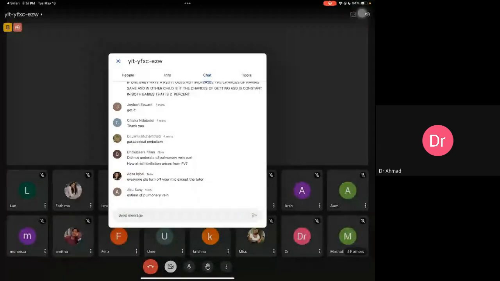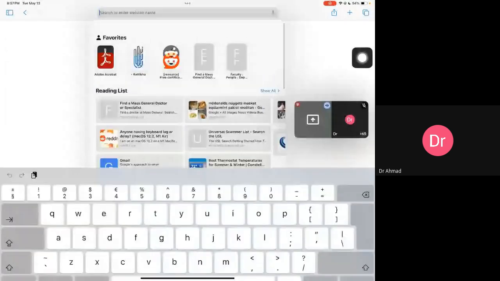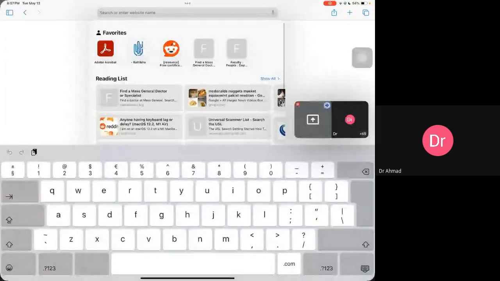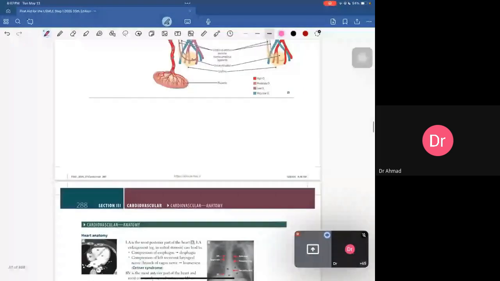Okay, let me tell you one thing. Remember, guys, I'll explain this in the anatomy of the heart. I'll make it easy, and I will combine those two things. If this is the left atrium, there are some points from where the pulmonary veins drain into the heart.